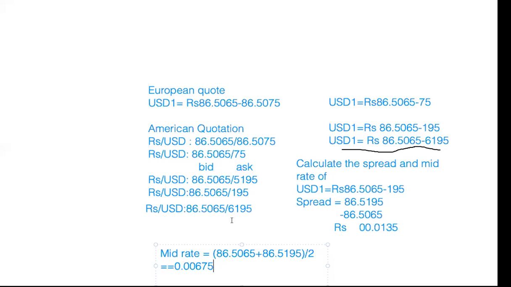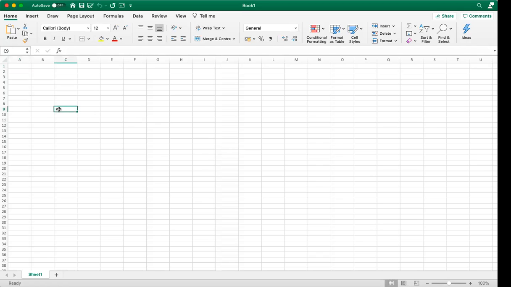No, sorry, mid rate should come in the 86 range. Sorry, mid rate has to be between these two. The rate in between these two is the average rate. So I will do it with my Excel sheet. 86.5065, 86.5195.